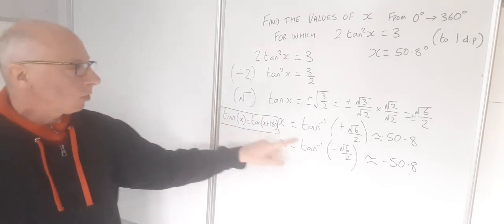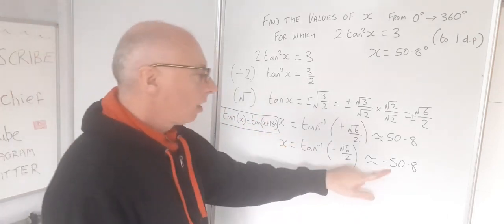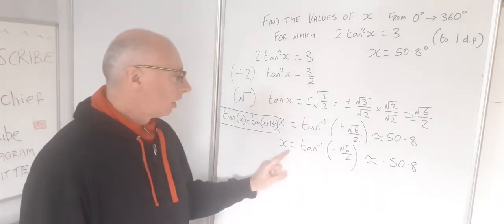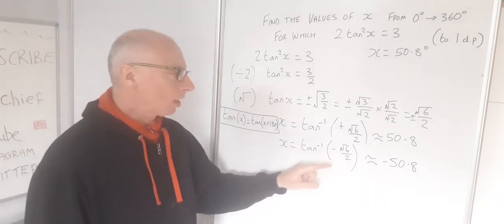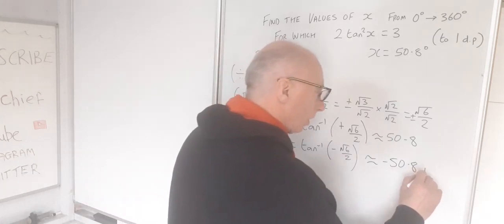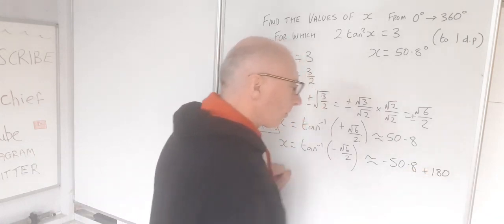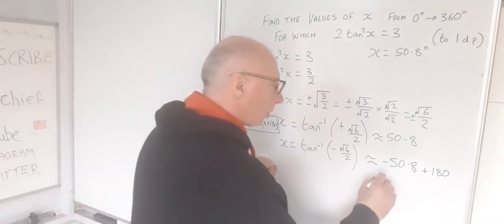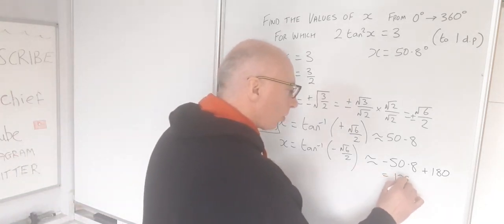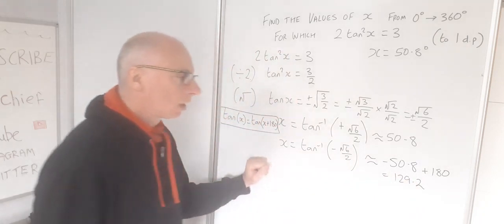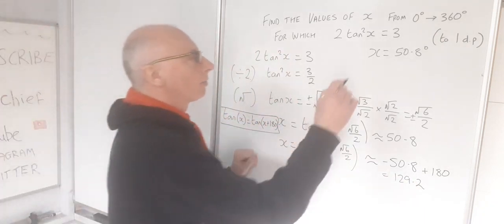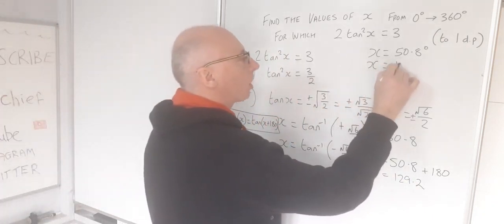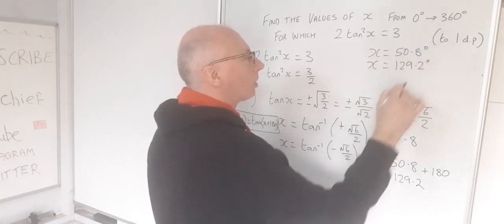So if we add 180 to this, we'll get the equivalent for x equals minus root 6 over 2. So add 180 to minus 50.8. That would be 129.2. So there is another solution. So x equals 129.2 degrees.